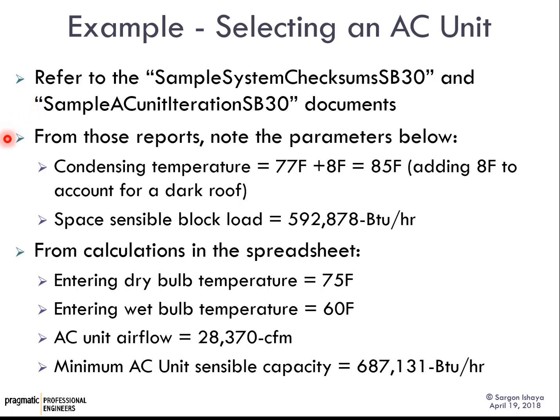Okay, from those reports, which I included in previous slides in this lecture, you can see that the condensing temperature, the outdoor air temperature at peak, is 77 degrees. Let me switch over to that document right now.